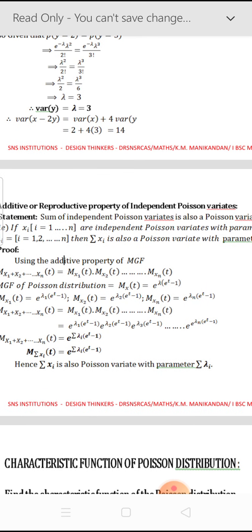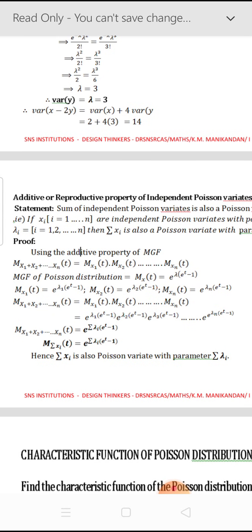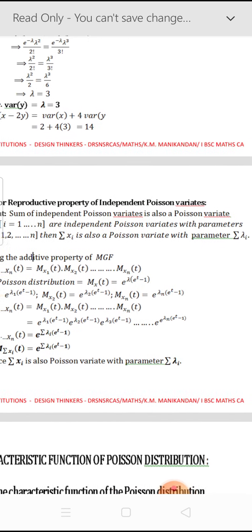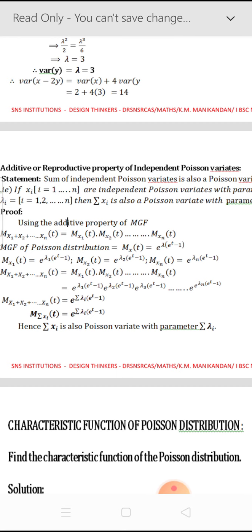Another way to say this is: if xi, for i equal to 1 to n, are independent Poisson variates with parameters lambda 1, lambda 2, up to lambda n, then the summation of xi is also a Poisson variate with parameter summation lambda i. This is the result we are going to prove now.